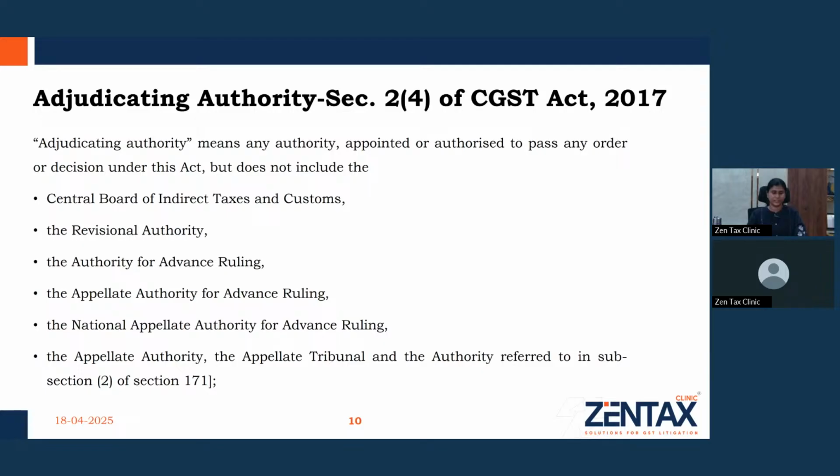The definition of adjudicating authority is given in section 2, subsection 4 of the CGST Act, where they have said that adjudicating authority means any authority appointed or authorized to pass any order or decision under this Act, but does not include Central Board of Indirect Taxes and Customs, Revisional Authority, the Authority for Advance Ruling, the Appellate Authority for Advance Ruling, the National Appellate Authority for Advance Ruling, the Appellate Authority, Appellate Tribunal, and the authorities referred in subsection 2 of section 171.